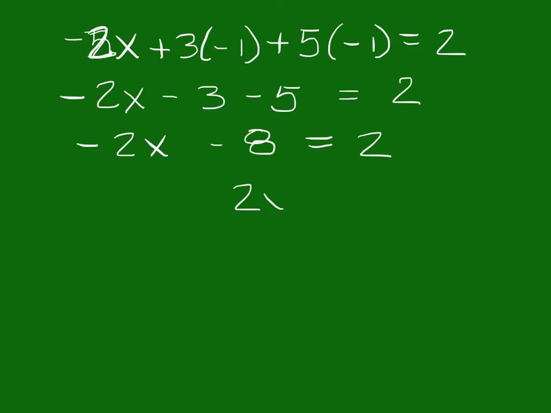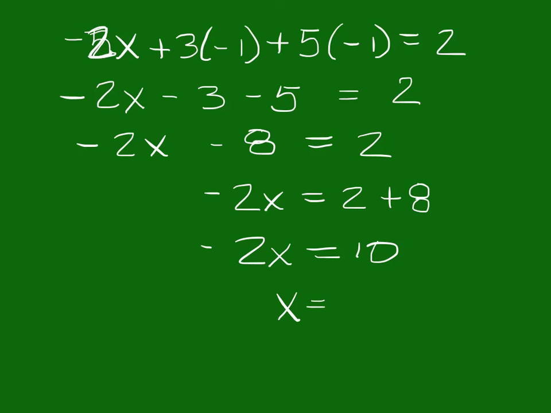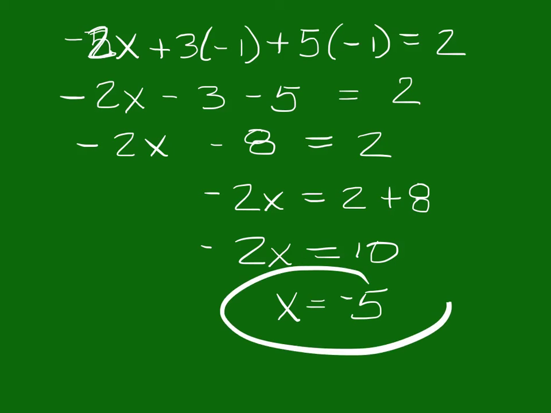And then you move that to the right side, make it plus, turns out to be a 10, and that's a negative 2x that I left out there. Negative 2x times negative 5 would be positive 10. So our answers are negative 5, negative 1, negative 1.